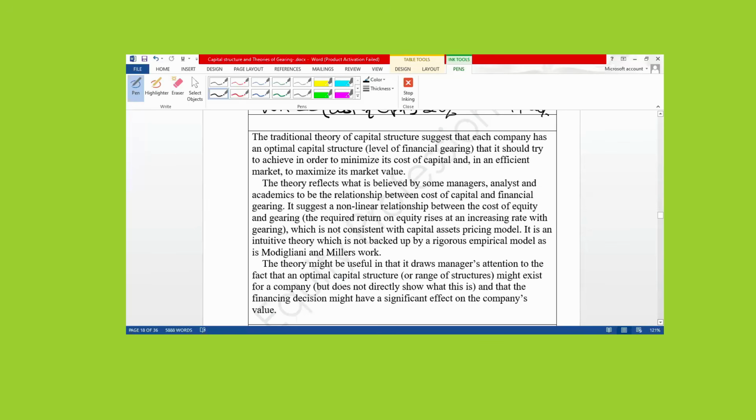That was the suggestion of the traditional school. It's relevant to your market value, your financing.